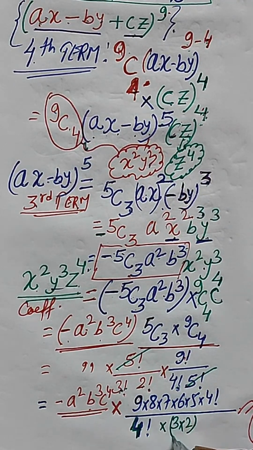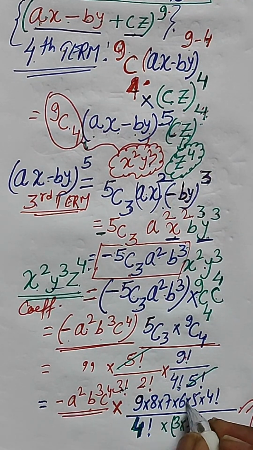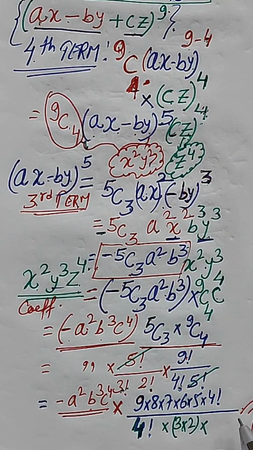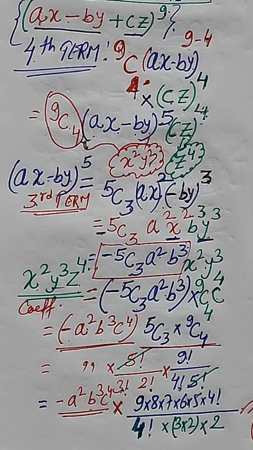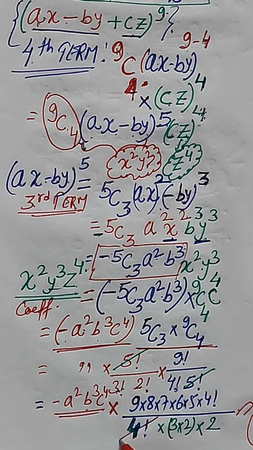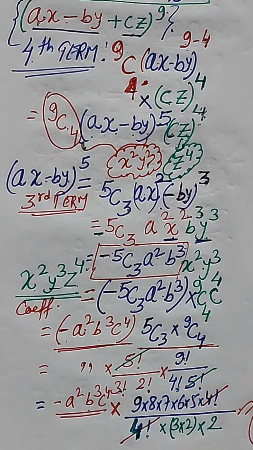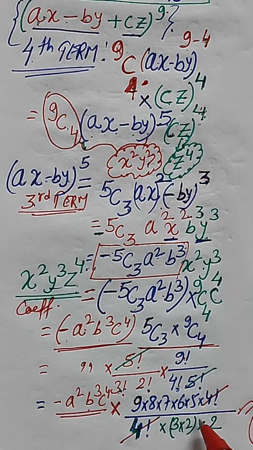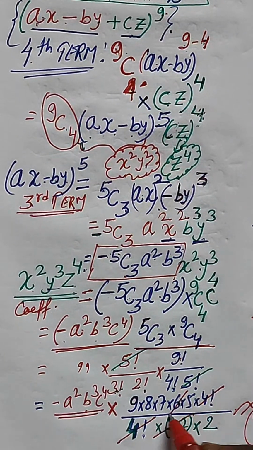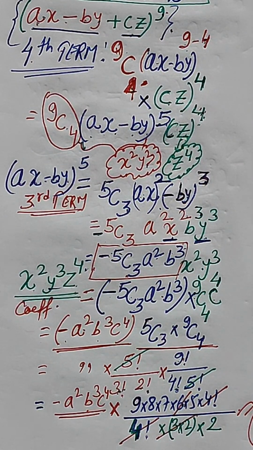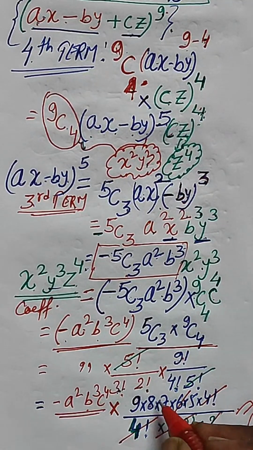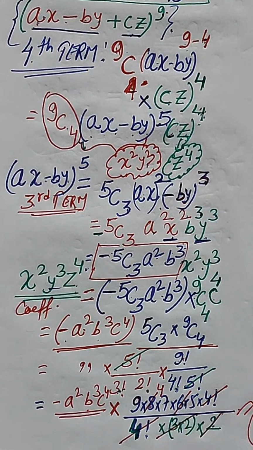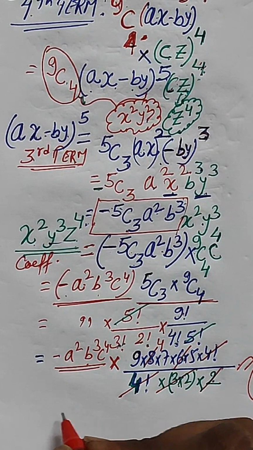So this will be 6, because this 6 will be cancelling this 6 in the numerator, right? Multiplied by factorial 2, that is 2, right? Now cancel out this factorial 4 with this factorial 4 in the numerator, this 6 with this 6 in the numerator. And what else? These 2 will be cancelling this 8, 4 times. 2, 4.